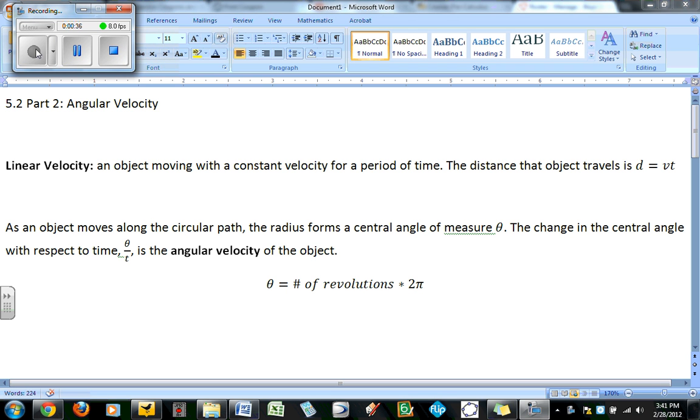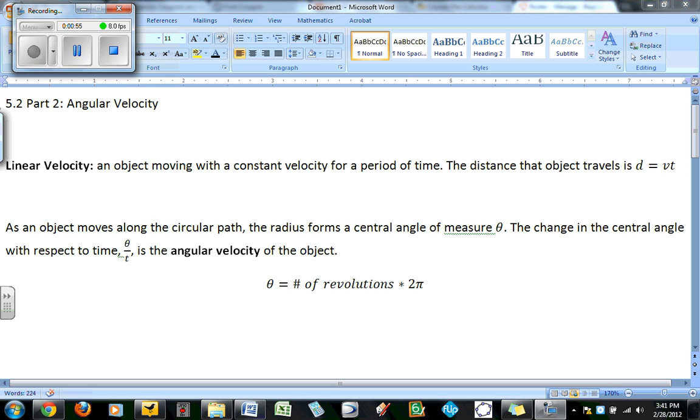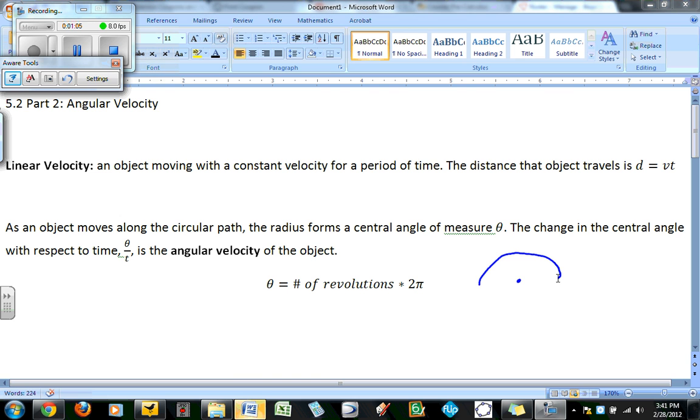When we start looking at angular velocity, though, that's going to take a little bit of explanation. As an object moves along a circular path, the radius forms a central angle of theta. The change in the central angle with respect to time, theta over t, is the angular velocity of an object. So we're talking about an object traveling in a circular path around a center.